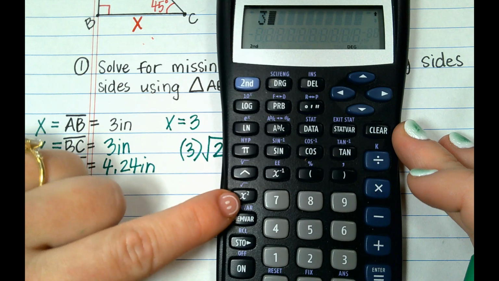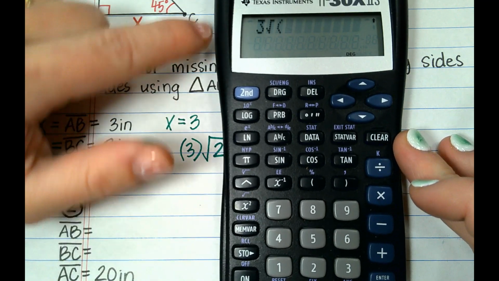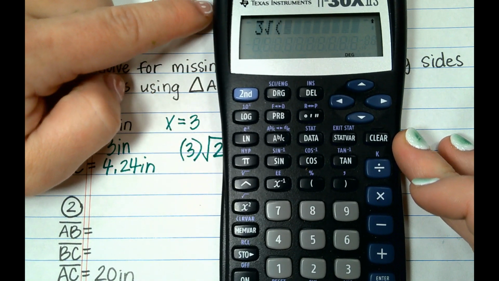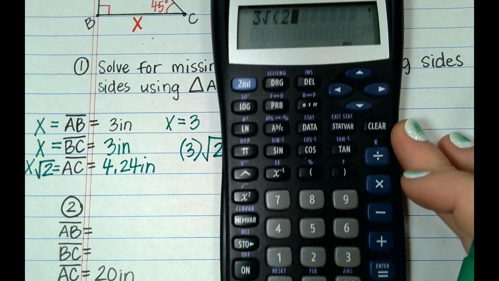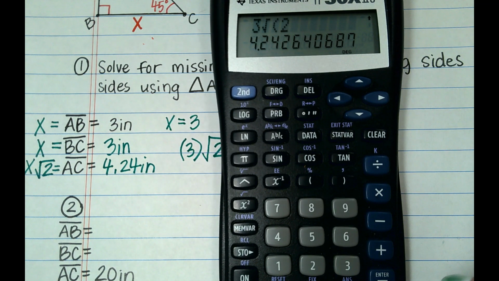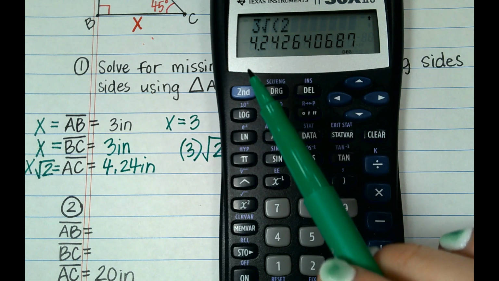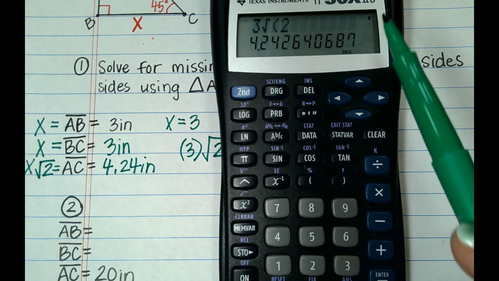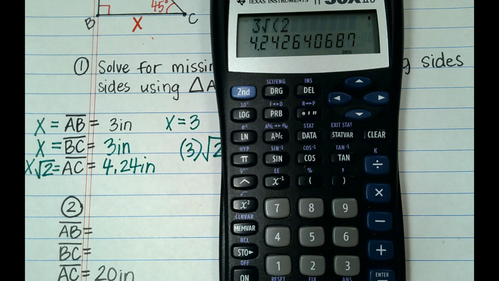And then the x squared. So does your screen look like mine so far? Yep. Perfect. And then we'll hit the 2. Oh, and enter. I know what I did. I hit 3. Ah, you hit 3. Yeah, that'll make a little difference. Did you get the 4.24? Yep. Good, good. Everybody got it?